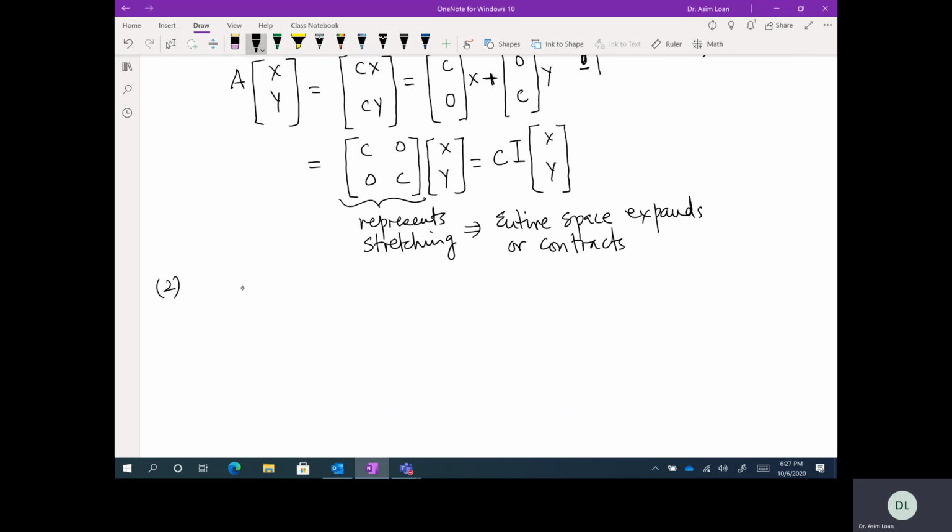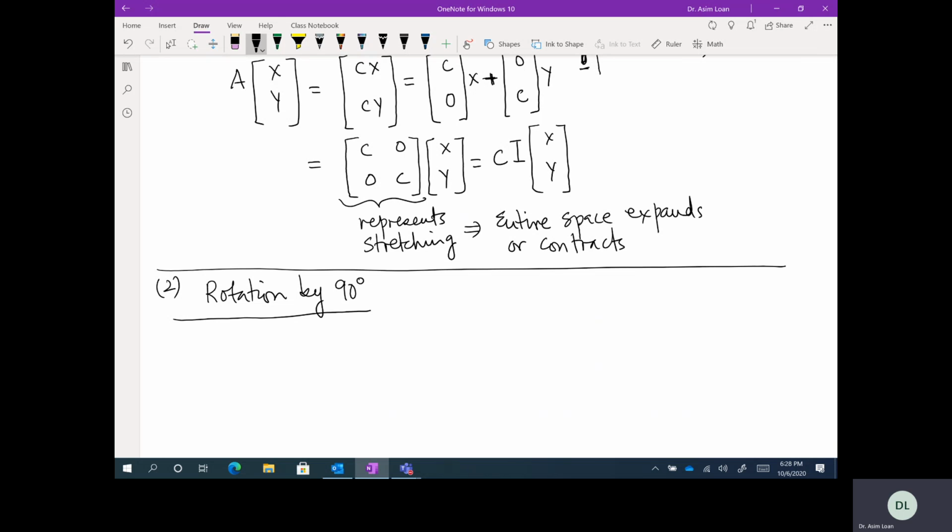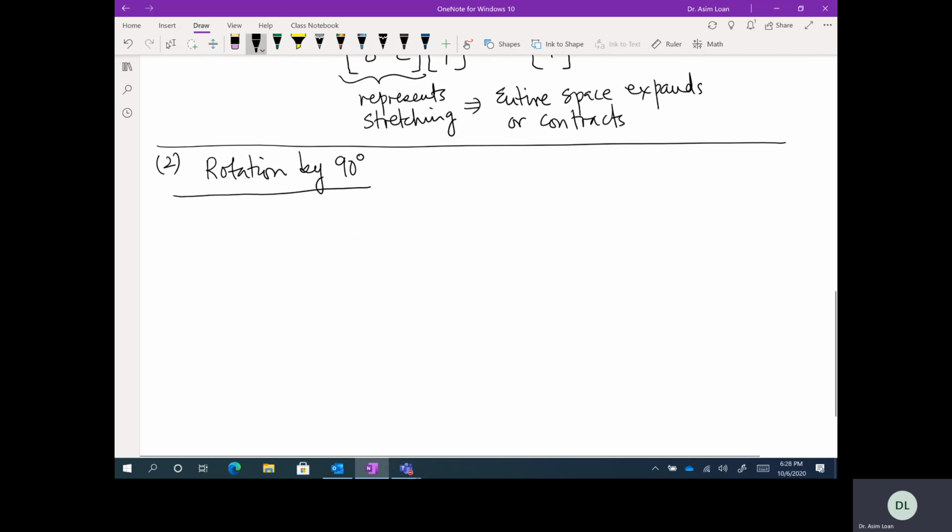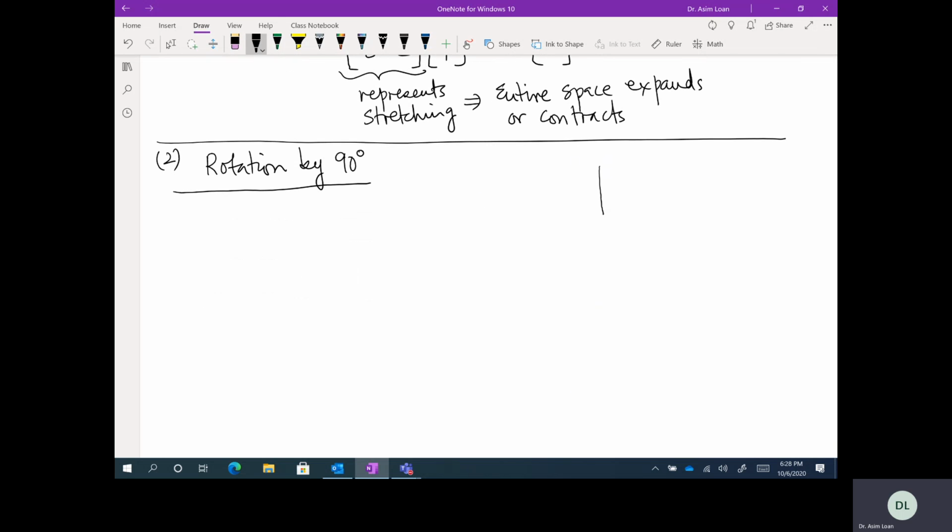Second one is rotation, and specifically rotation by 90 degrees. Again, you have this x, y plane. You have this vector over here, and the length is not changed.